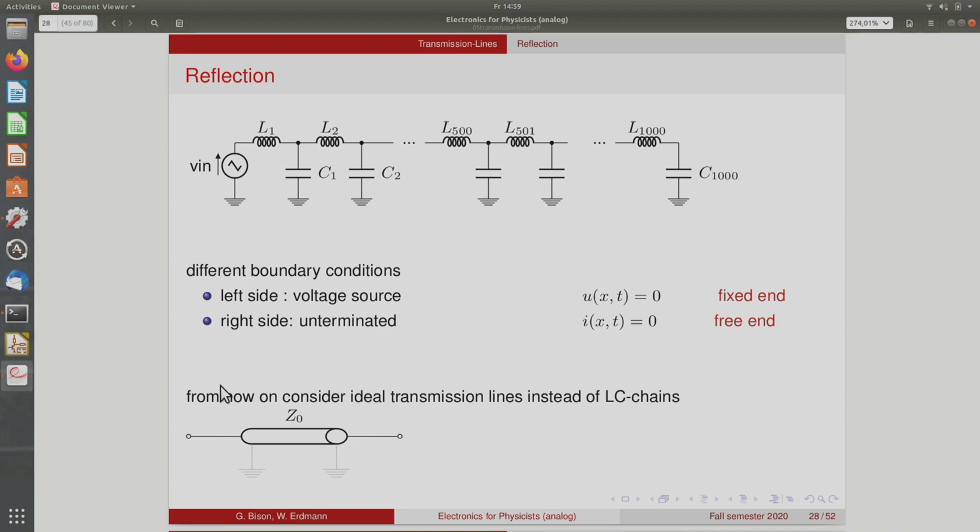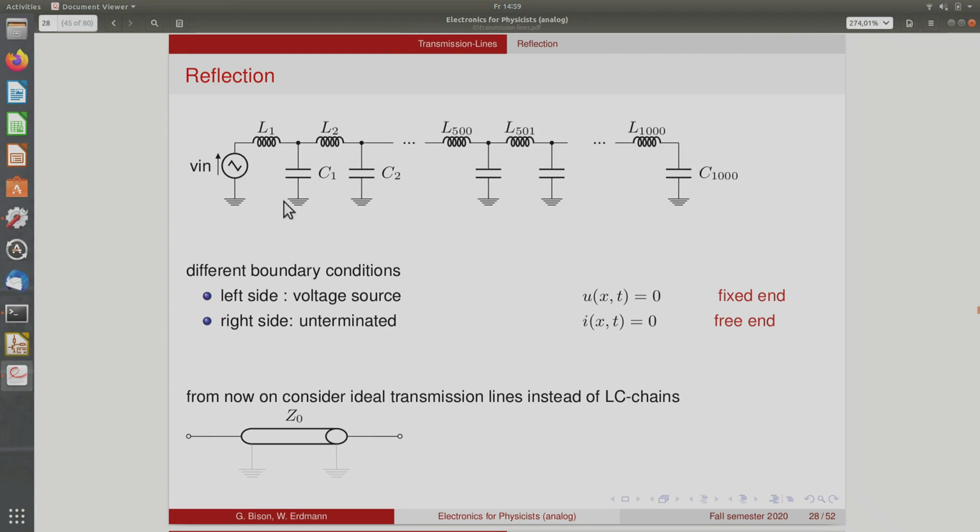So we have different boundary conditions at the two ends. On the left-hand side, we have a voltage source. So here, when the signal comes back, we fix the voltage to 0. This voltage source gives one pulse, and then it's fixed at 0.